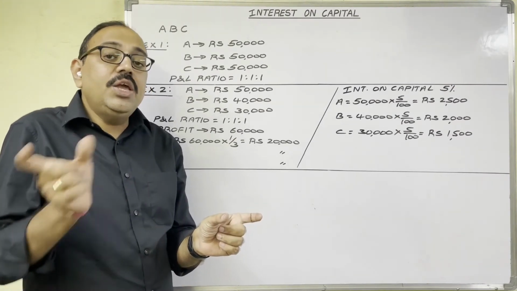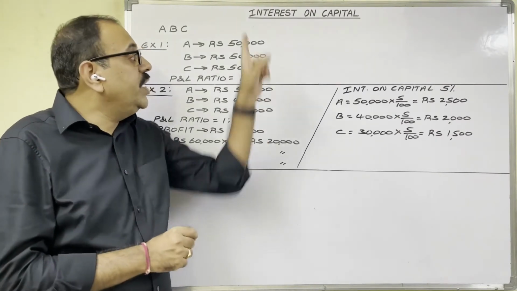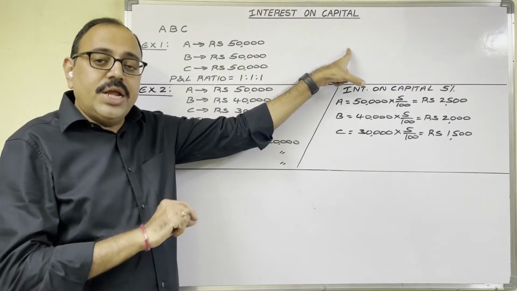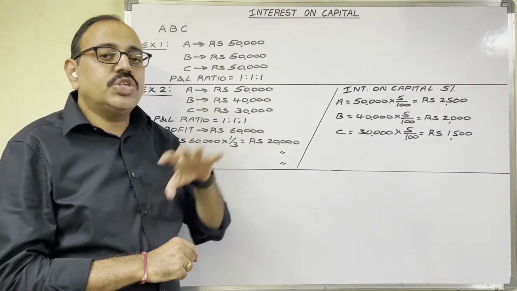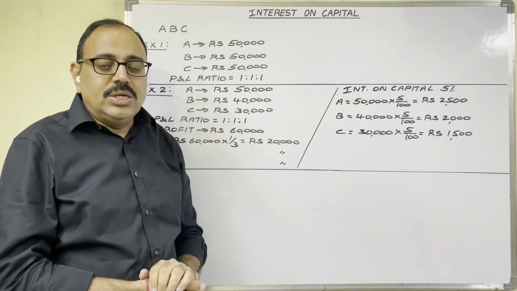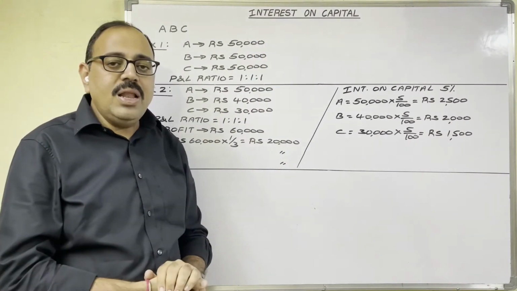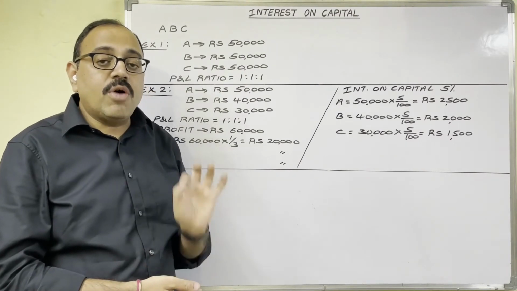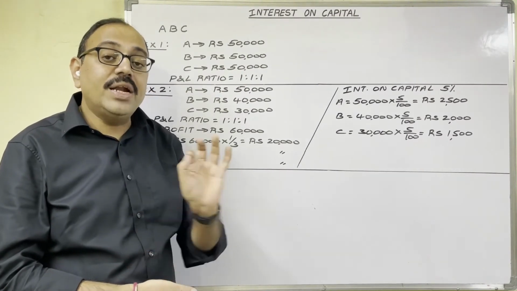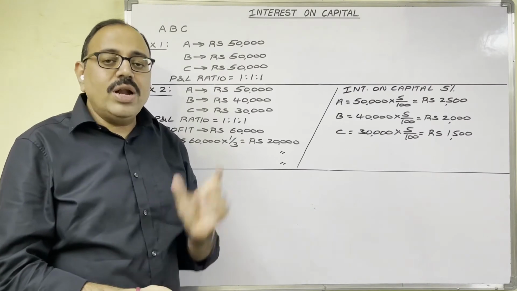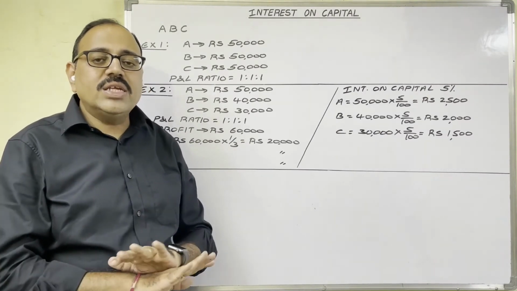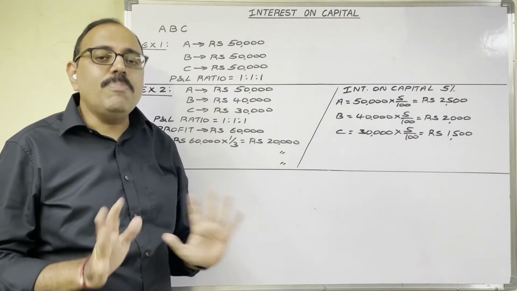If there is any provision related to interest on capital in the partnership deed, then only the firm pays interest on capital to the partners. If the partnership deed is silent about interest on capital, then we have to follow the provisions of the Partnership Act 1932. And that Act says no interest will be allowed on capital to the partners.